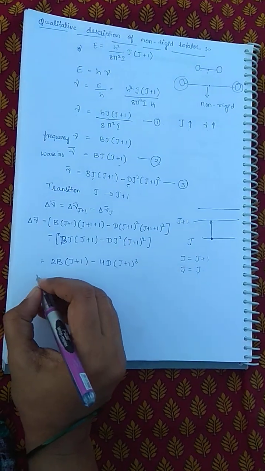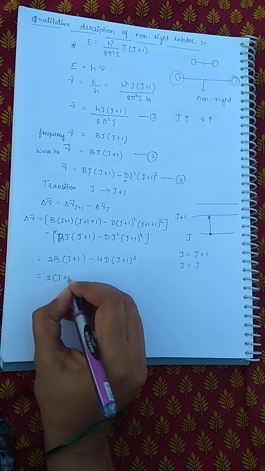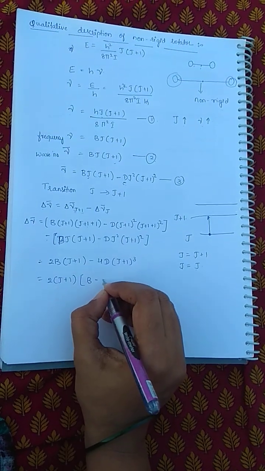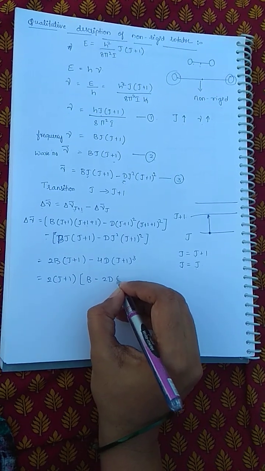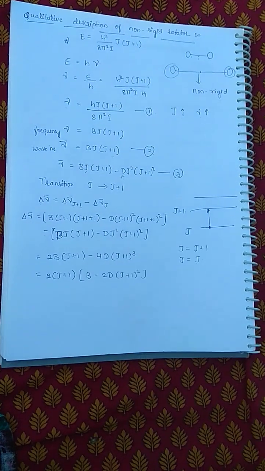If you want, you can try it and you will get the same answer. Now we take 2 into J plus 1 as common. The remaining thing is B minus 2D into J plus 1 whole square.